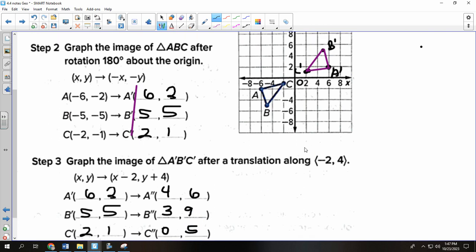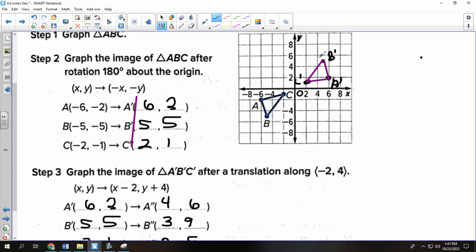And we're going to go ahead and graph those puppies over here. So over 4, up 6 is our new A. So because it's had 2 transformations, we're going to call it A double prime.